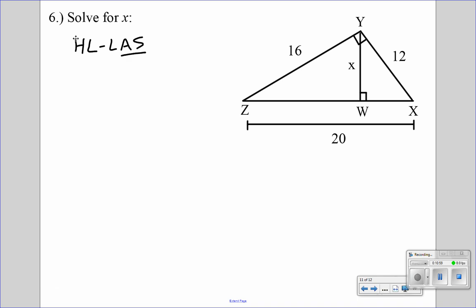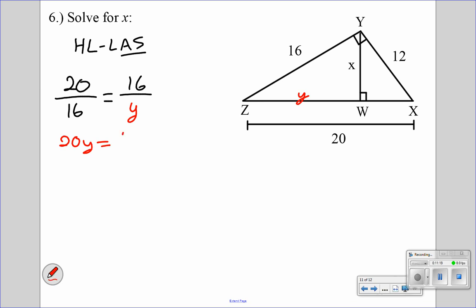So in this case, we're going to solve for ZW, and we're going to just call that Y. So our hypotenuse is 20 over our leg, which is 16. That equals our leg over our adjacent segment, which is Y. So we get 20y equals 256. We're going to divide by 20. Y equals 12.8.